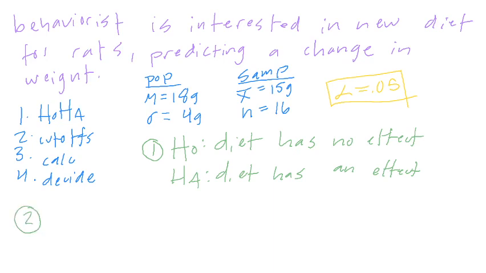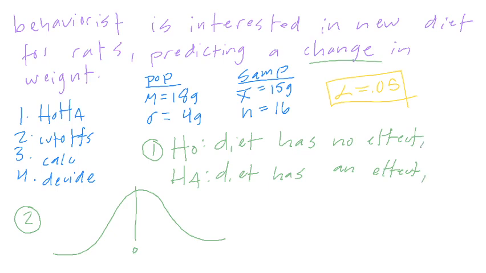Okay, so for 2, let's go ahead and get a curve going here. We know that 0 is in the middle, right, for z. Since this is just predicting a change, not an increase or a decrease, we know that this is 2 tails. And in fact, we can finish off our hypotheses now.